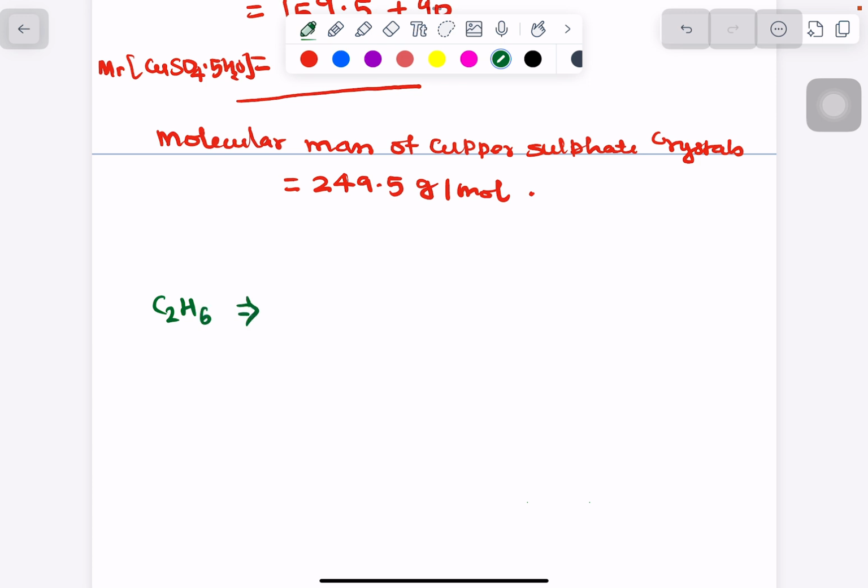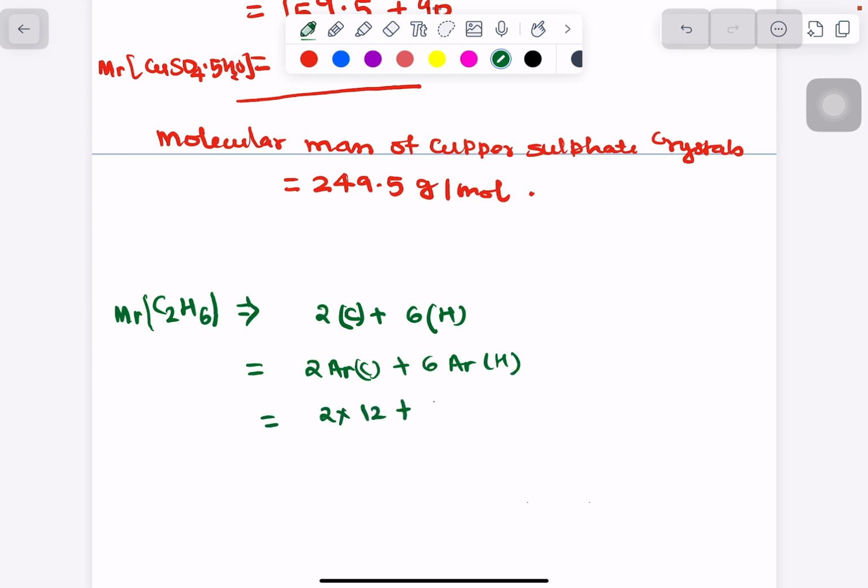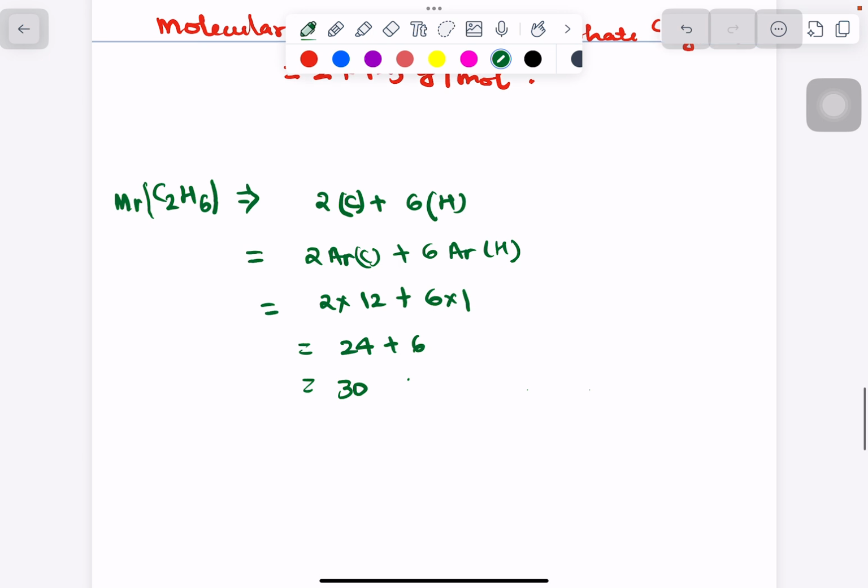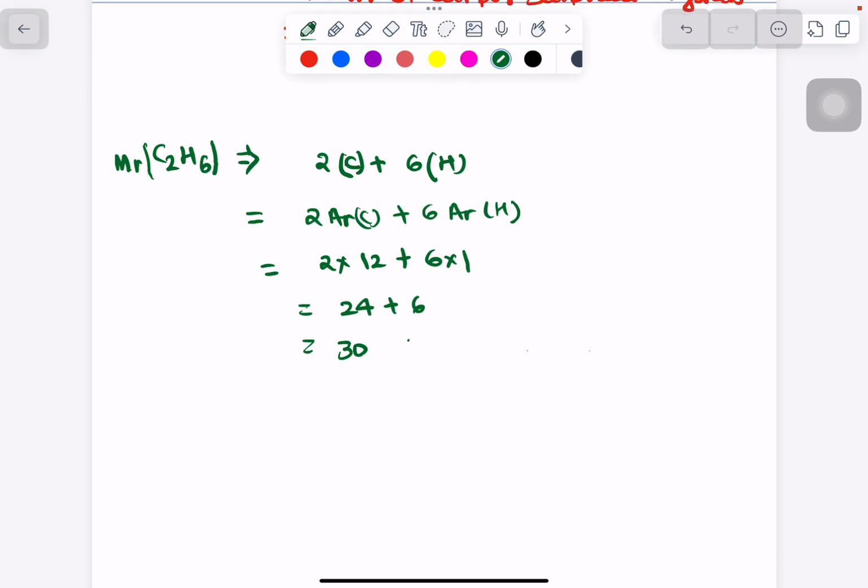Again, first we need to identify the type of elements present in the molecule and then the atoms of each type of element. So there are 2 carbons, 6 hydrogens, and then 2 Ar carbon plus 6 Ar hydrogen, which is 2 times 12 plus 6 times 1. So it's 24 plus 6, 30. So this is the relative molecular mass for the ethane molecule.